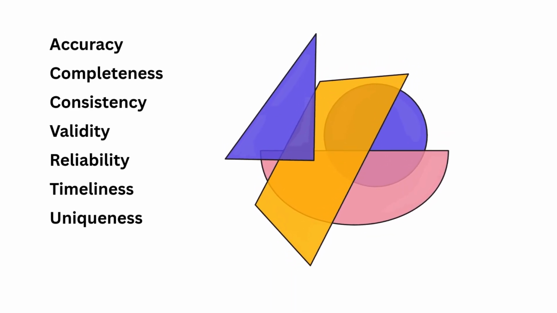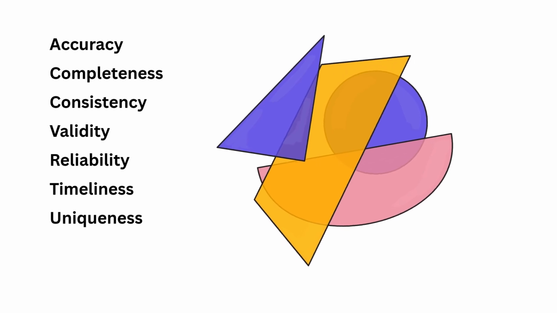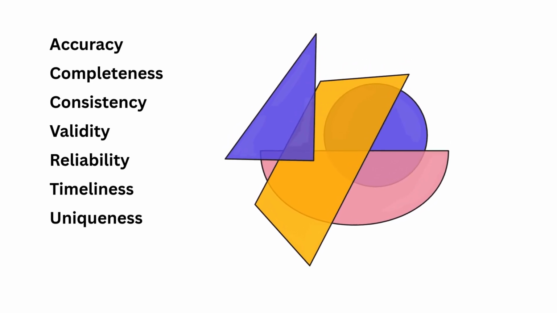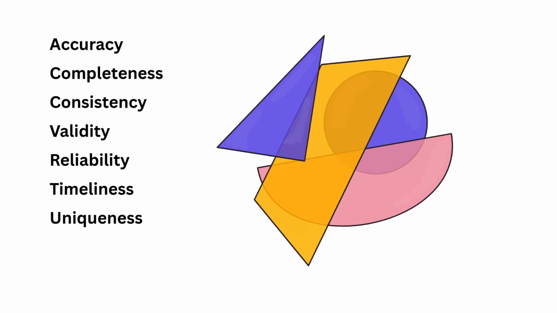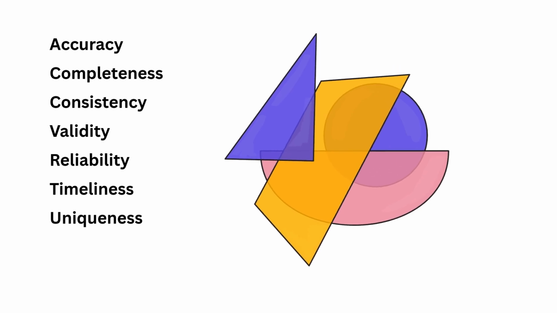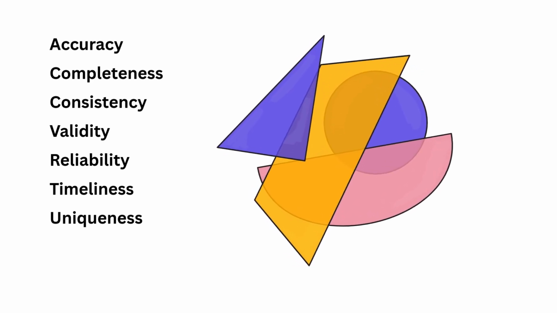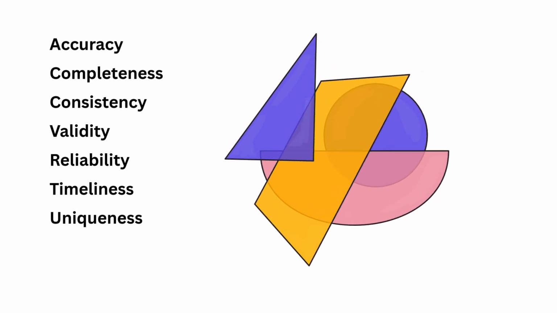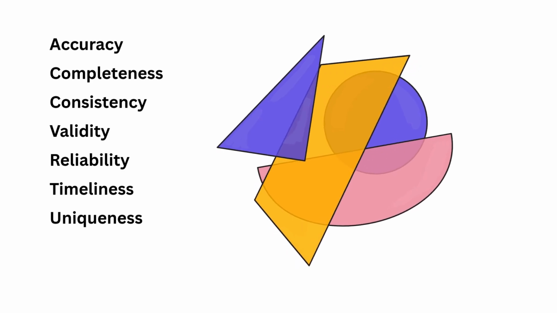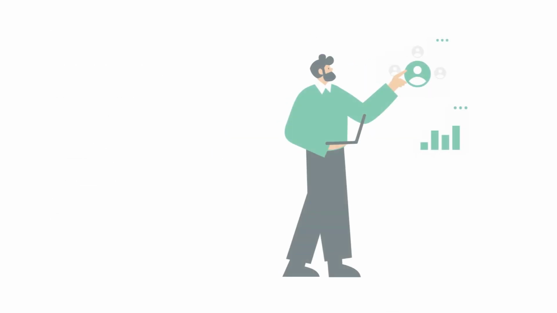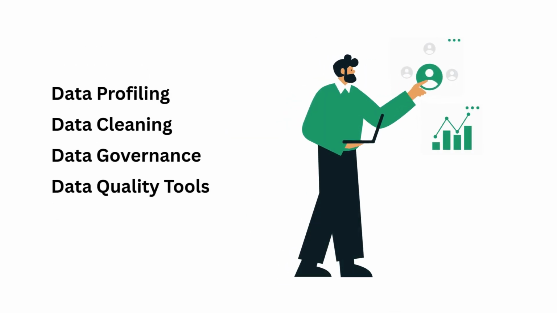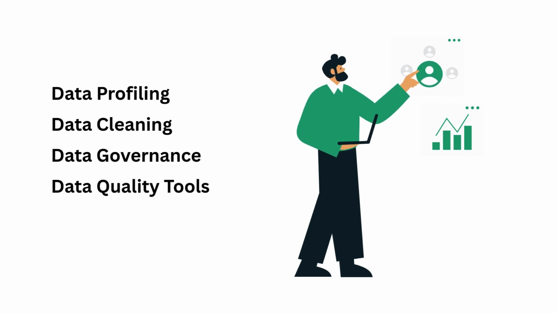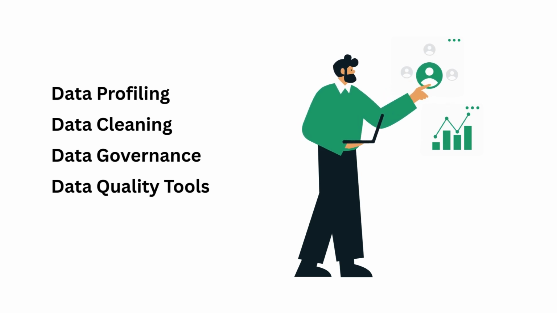Completeness, consistency, validity, reliability, timeliness, uniqueness, relevance, all these are characteristics of data quality that need to be attained and maintained. Data depends on human defined systems. Data can be made reliable using data profiling, data cleaning, data governance, and data quality tools.